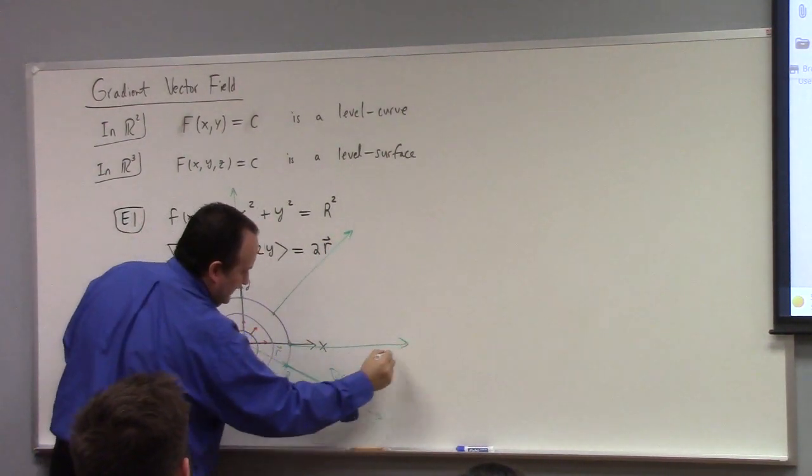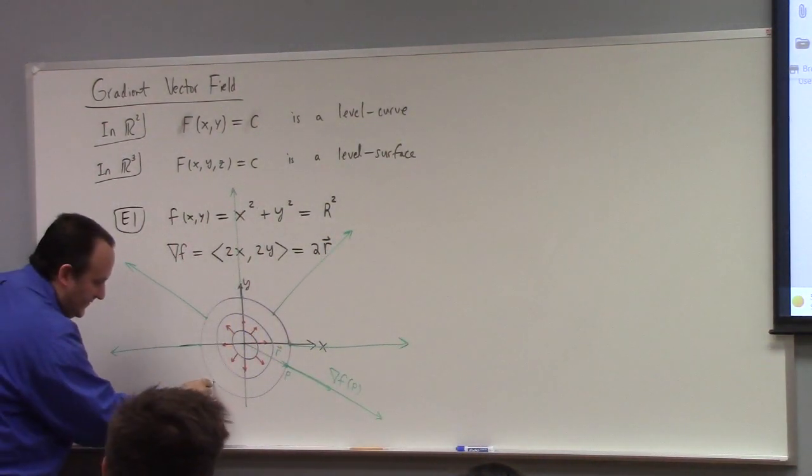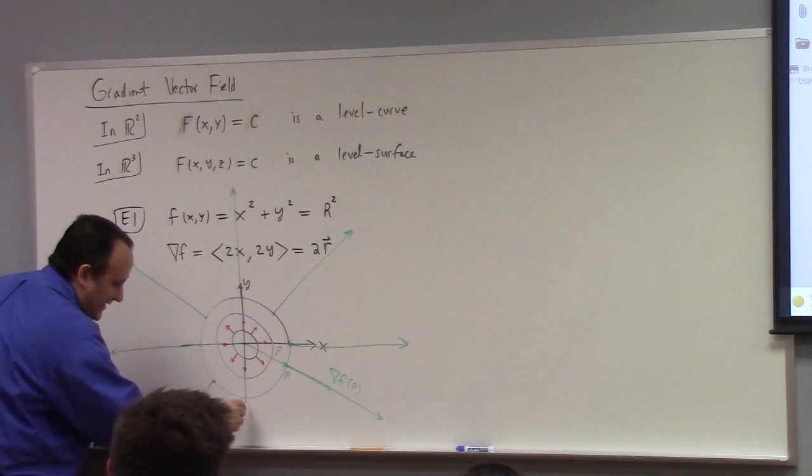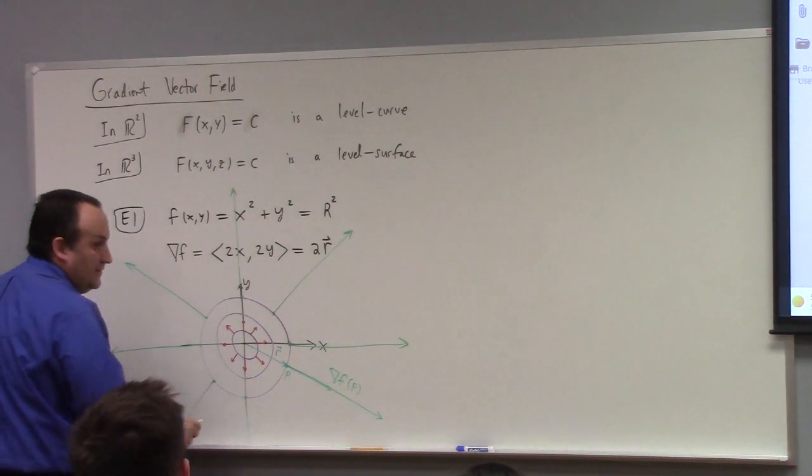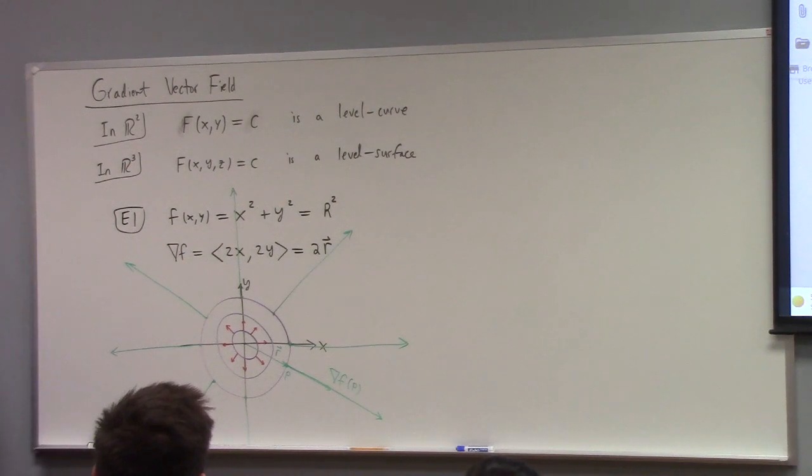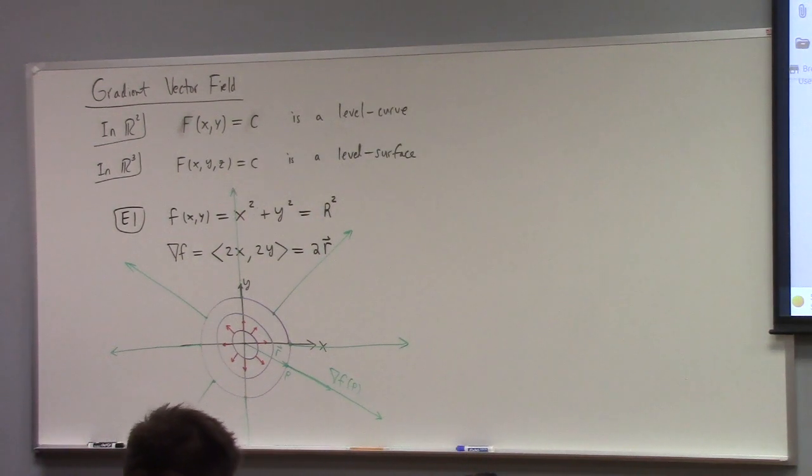Which is why you don't typically see people directly indicating the magnitude with the length of the vectors, because it just makes for really obnoxious pictures. So usually we don't insist that the length of the vectors be illustrative of the magnitude.